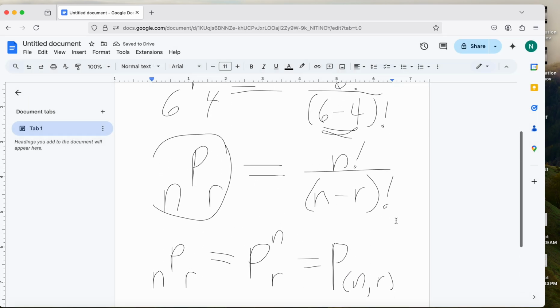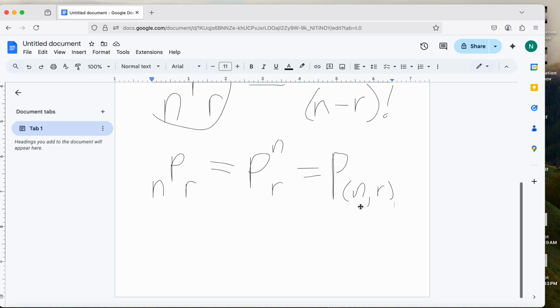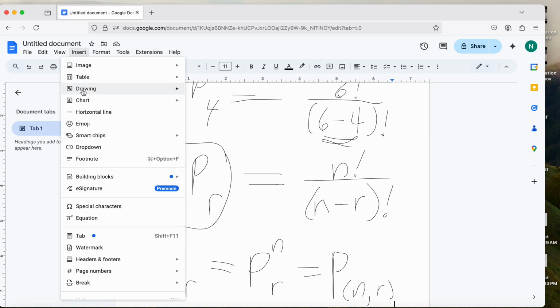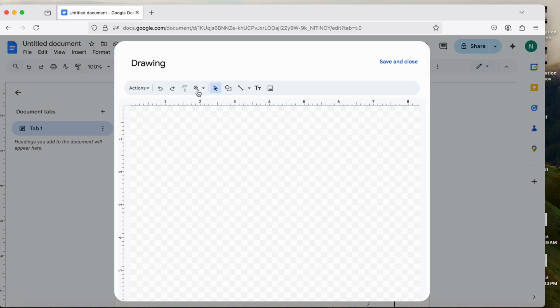Now, there is a relationship between the permutation formula and the combination formula, and it goes back to what we were just talking about with the 4 factorial, or of 4 objects. We take the permutation formula, go back to that 6 factorial, and divide that by 6 minus 4 factorial.